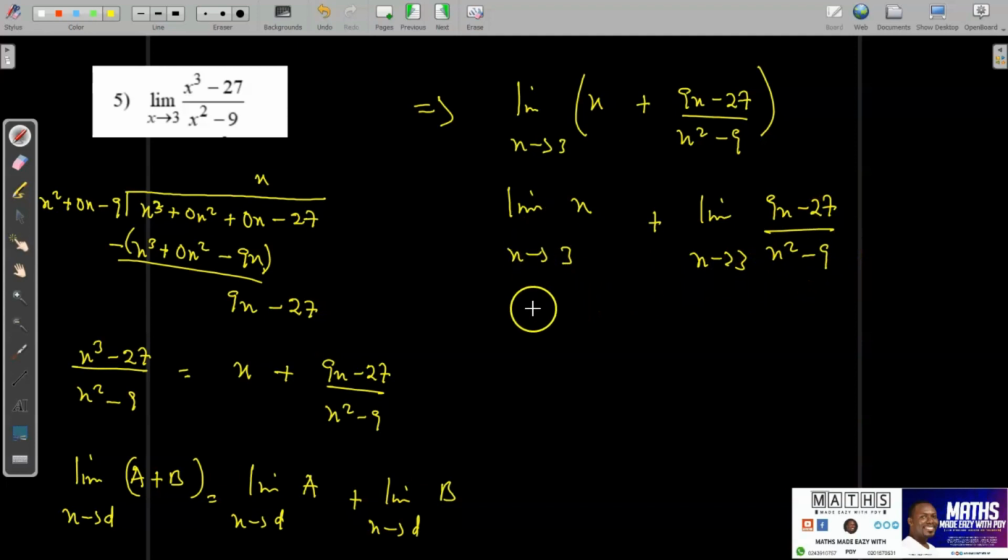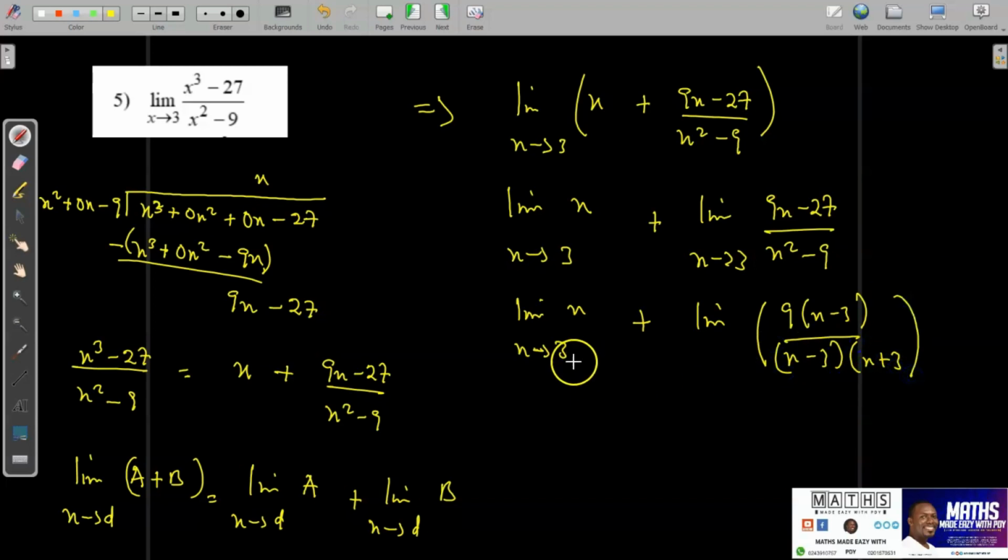So you're going to end up getting the limit of x as x approaches 3 plus the limit over here. We're going to have 9 out, x minus 3. And then the factor down there, the denominator, is x minus 3 and x plus 3 as x approaches 3.